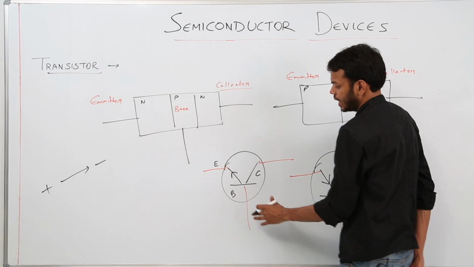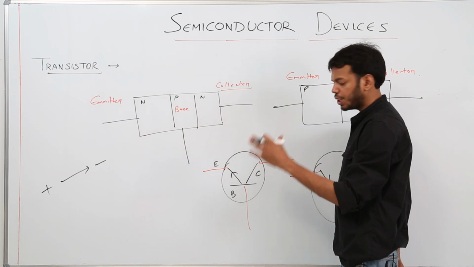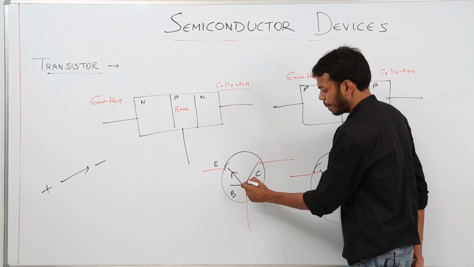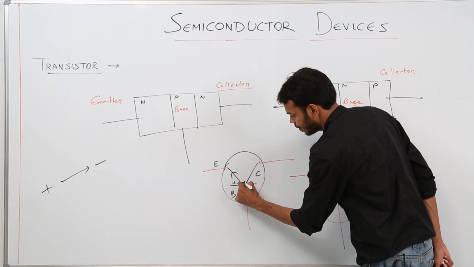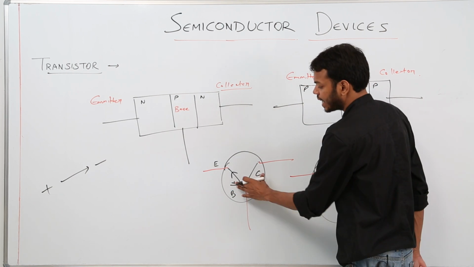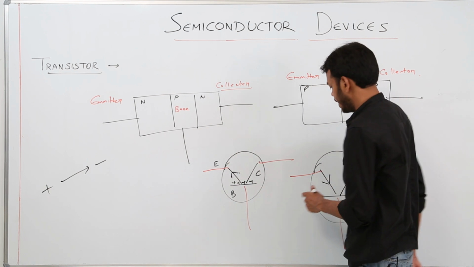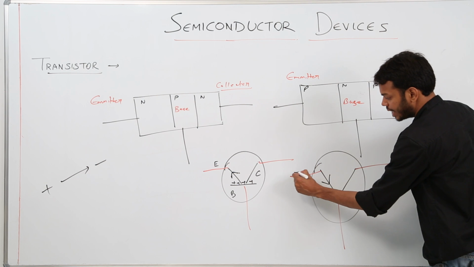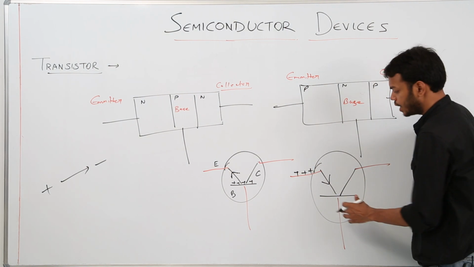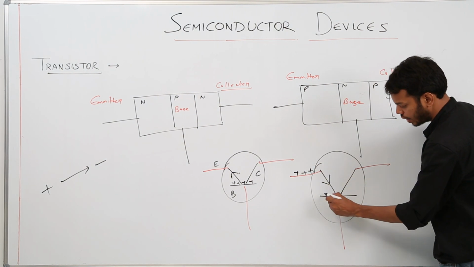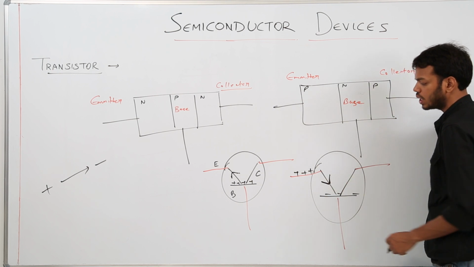In NPN, which part is basically positive? The base part. Current flows from positive to negative, that is why the arrow is on this side. In the case of PNP, the P part is positive, so current again flows from positive to negative, and that is what this arrow represents.